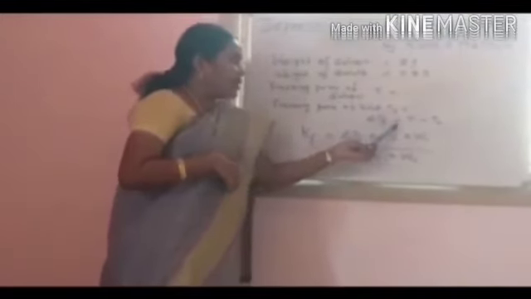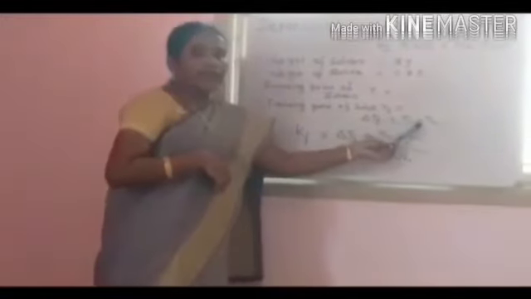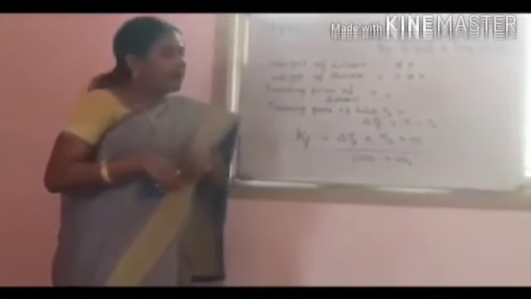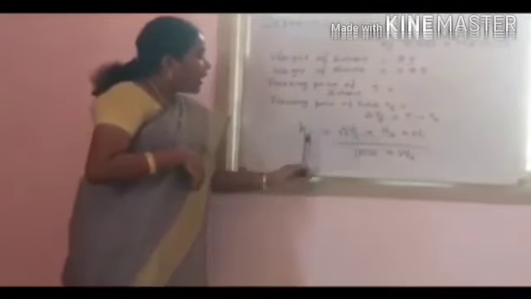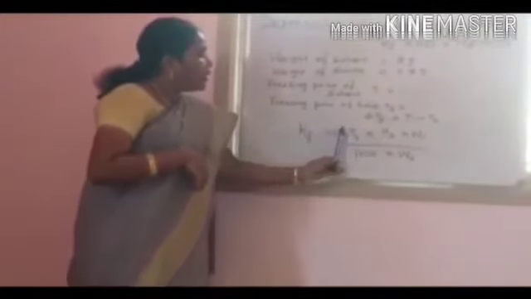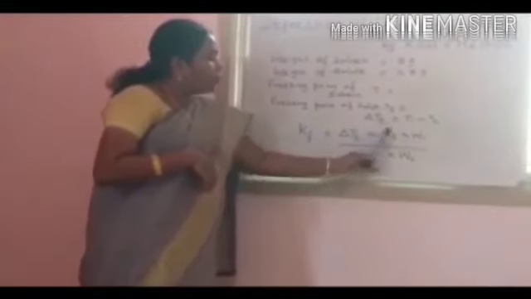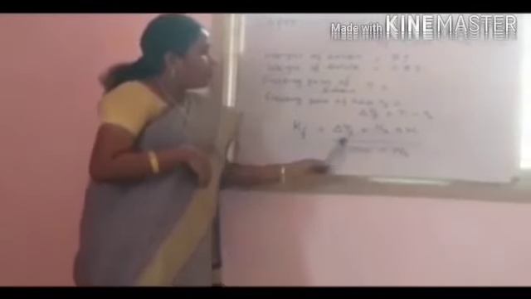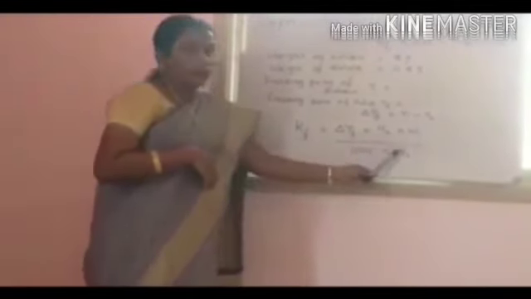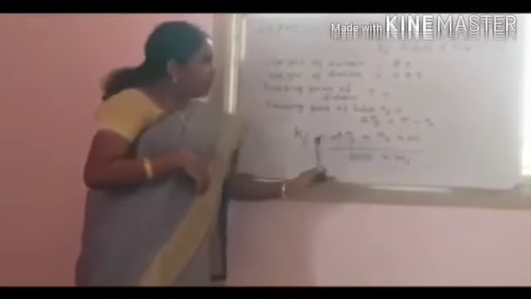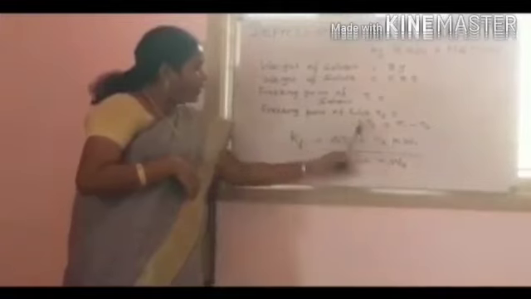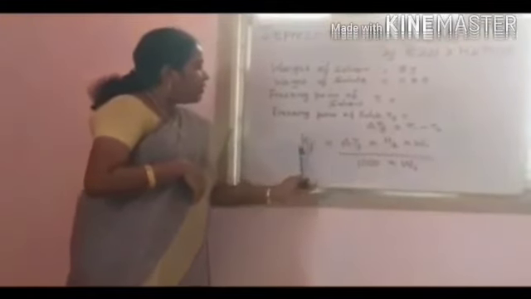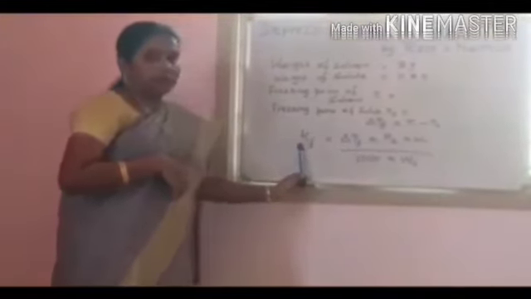Delta Tf is equal to T1 minus T2. Now we substitute values in this expression. Kf is equal to delta Tf into M2 into W1 divided by 1000 into W2. When we substitute values in this expression, we can find the Kf value.